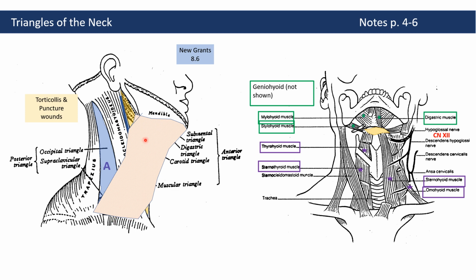The platysma muscle is a muscle of facial expression that is inside the subcutaneous tissue in the neck. It's very superficial, and when you dissect it out, it is going to be a very thin sheet of muscle over the anterior aspect of the neck.